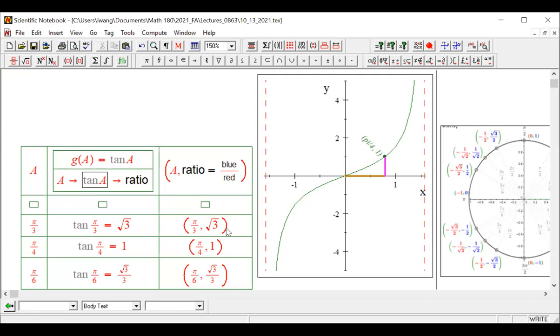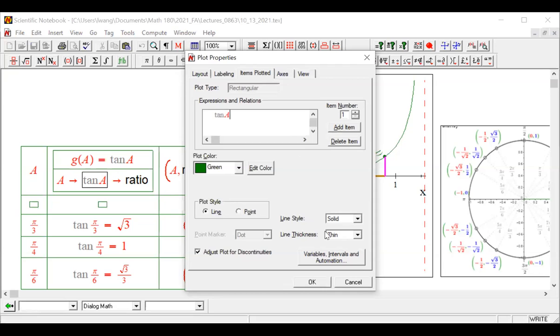All right, guys, welcome back. It has passed the time. I wish to give you guys some break, but let us put all the points on the graph.